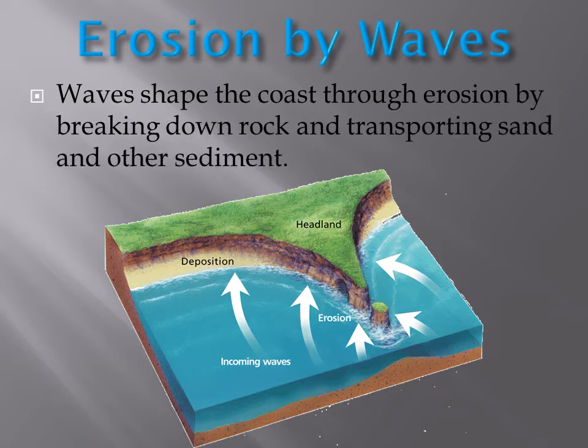A headland is a part of the shore that sticks out into the ocean. It is made of harder rock that resists erosion by the waves. But over time, waves erode the headlands and even out the shoreline.